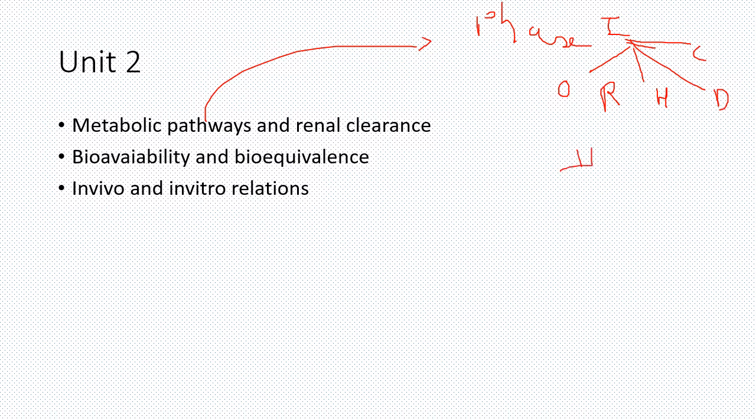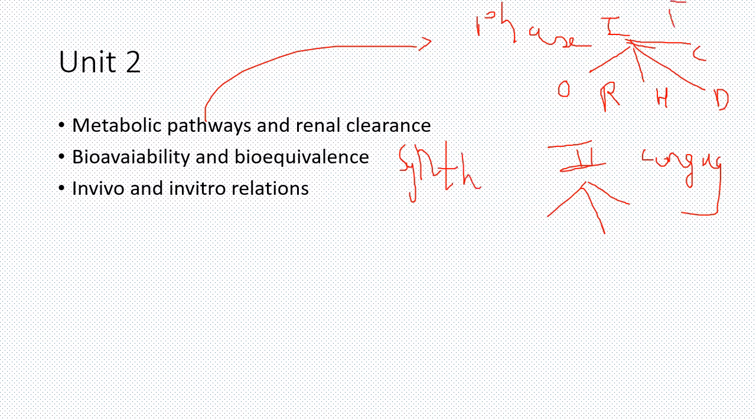In phase 2, we majorly have glucuronidation, conjugative phase, or a synthetic phase. But phase 1 is a functionalization phase, wherein we add a functional group, that is the carboxyl group, to make it more polar. But here we add an endogenous substance so that its water solubility increases even much more.